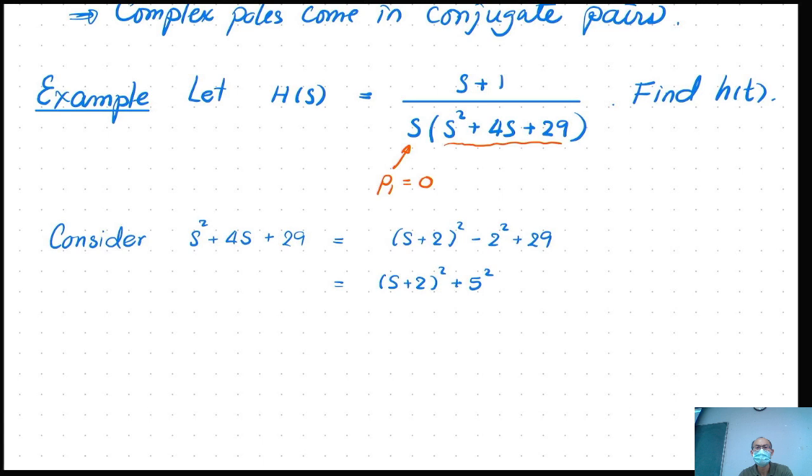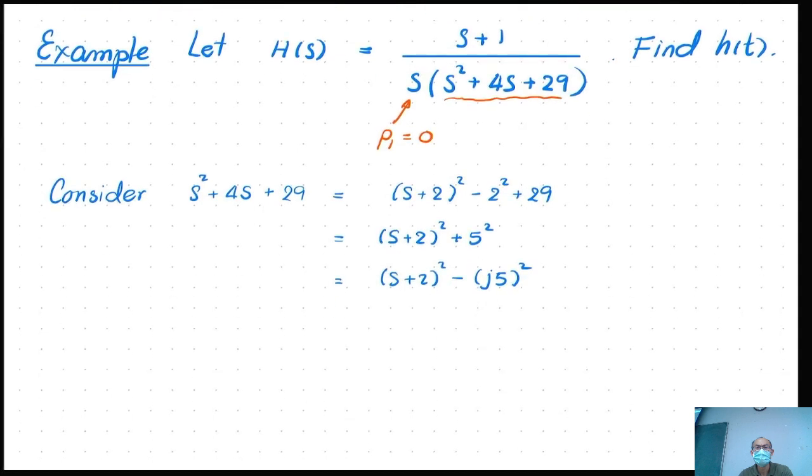And then we do the perfect square, which is s plus 2 squared minus j5 squared, j being the imaginary constant.